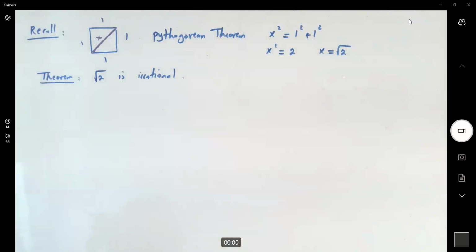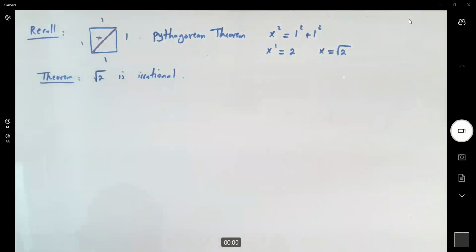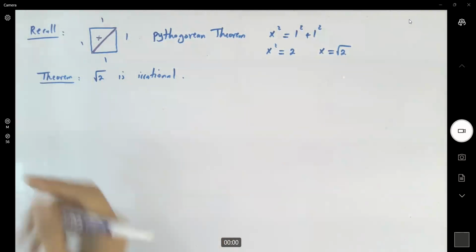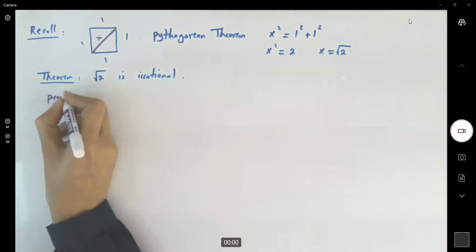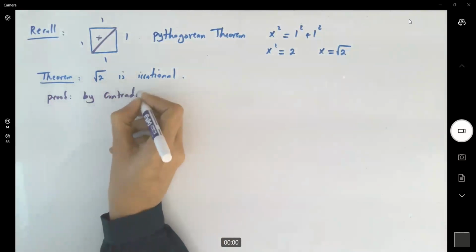Very well. So how do I prove that? Okay, let us apply the method of contradiction. Suppose not. Proof by contradiction.